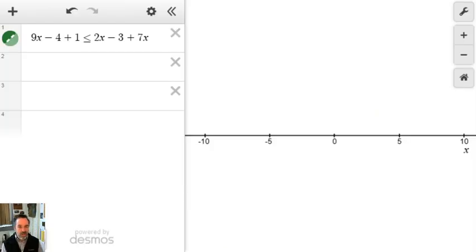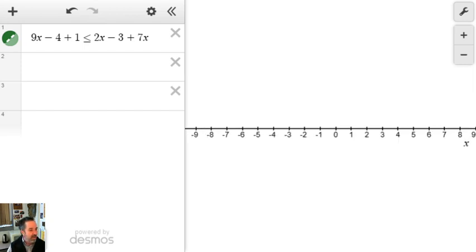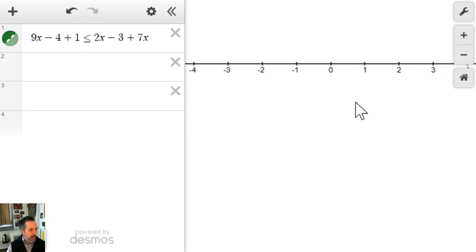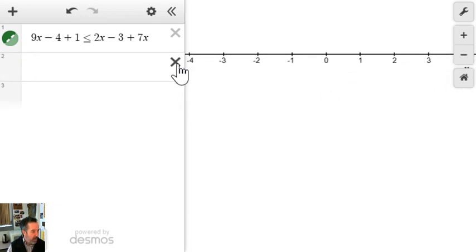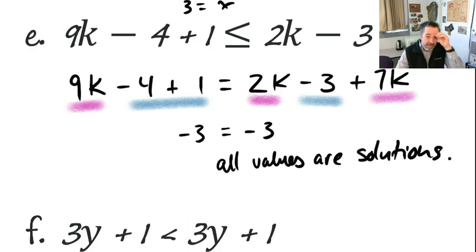Well, interestingly enough, I'm going to stick with what I claim, that all values are solutions. But when I looked at it in Desmos, it's showing me nothing, and I was disappointed. I was thinking I'd see green in all directions, but I did not. But I do think that an important idea here is that in this particular problem, I can see that the left-hand side is less than or equal to the right-hand side.